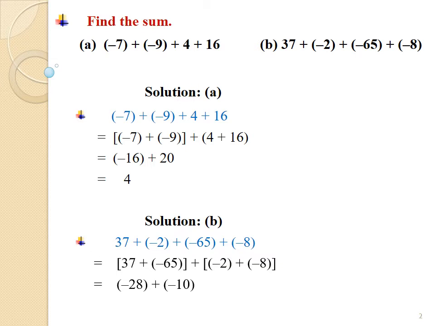And placing minus sign before 38 as both the integers have minus sign, we get minus 38. Thus 37 plus minus 2 plus minus 65 plus minus 8 equals minus 38.